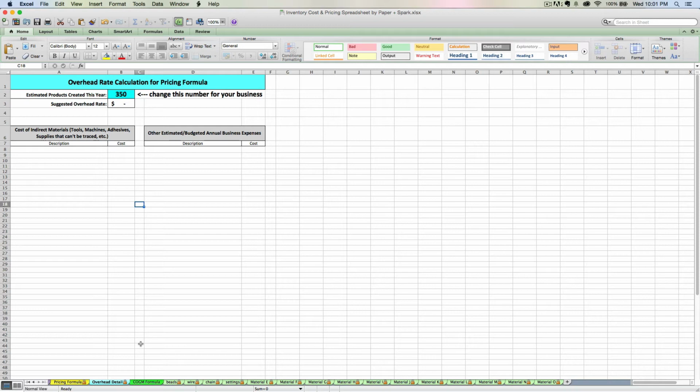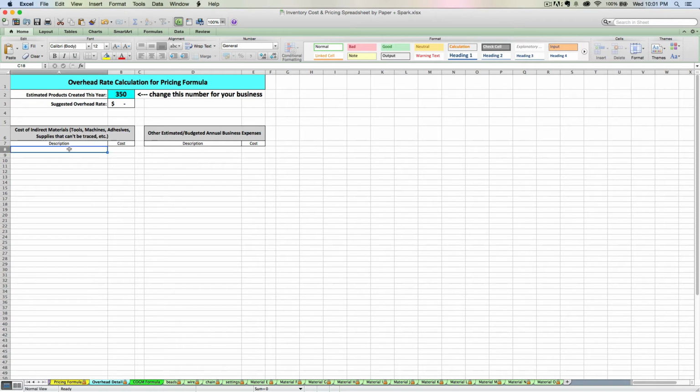But this is how we're going to get you started. The important thing is just to make sure that you calculate an overhead rate and you include an overhead rate in your formula so that you can cover all of your business's expenses and not just the simple, straightforward, direct materials expense. So how are we going to do the overhead rate?